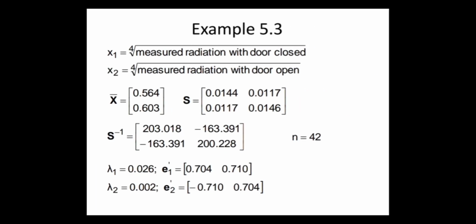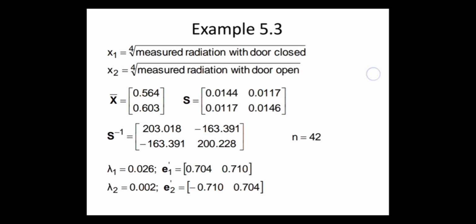We see the example from your textbook, example 5.3. Actually, the example here is from the data of the radiation from microwave in example 4.10 and 4.17 before this. So from here, X1 before this was radiation with door closed, and X2 was radiation with door open.